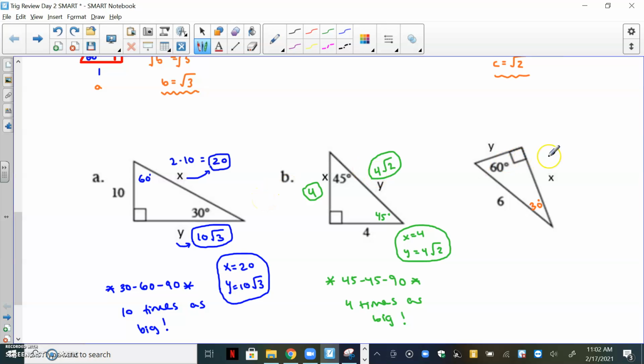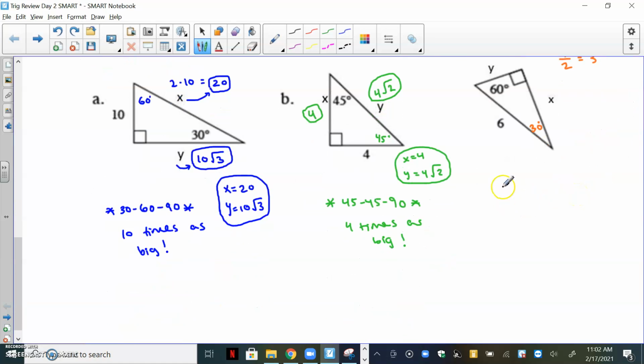So if we do 6 divided by 2, we get 3 for our scale factor. That tells us that this triangle is 3 times as big as the original one.